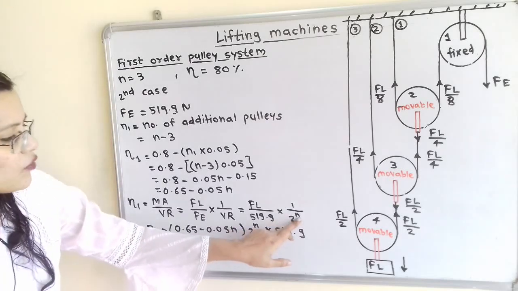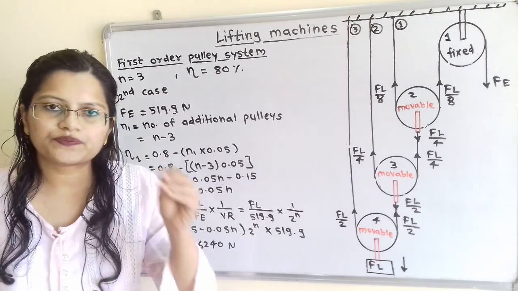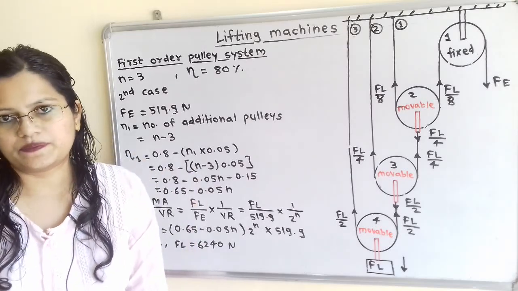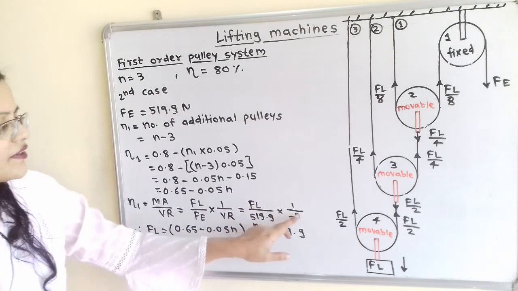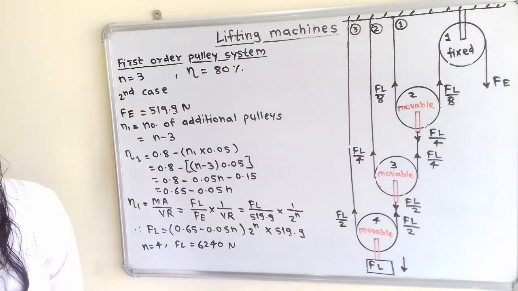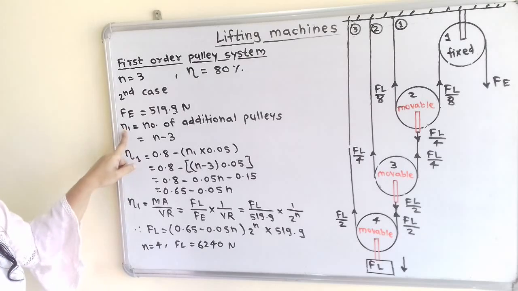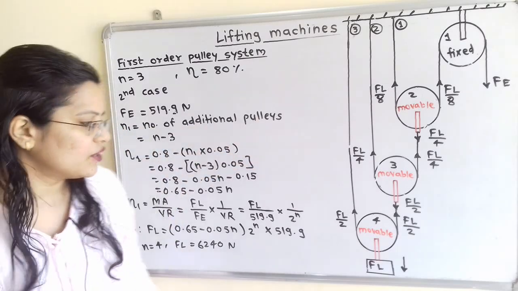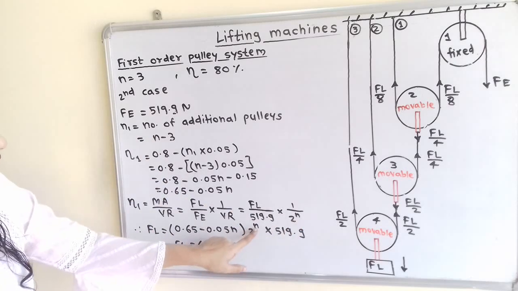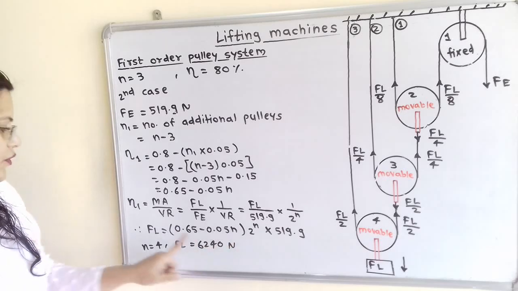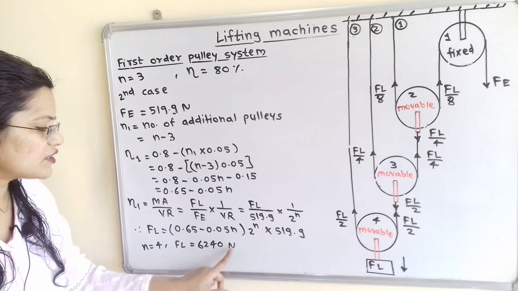So we have to find out the value of N. For the value of FL, instead of putting 6000 Newton here, we will take N is equal to 4, because in the previous case N is equal to 3, so we will add only one additional pulley. When we put N is equal to 4 here and here also 4, then what is the value of FL? This FL is equal to 6240 Newton.